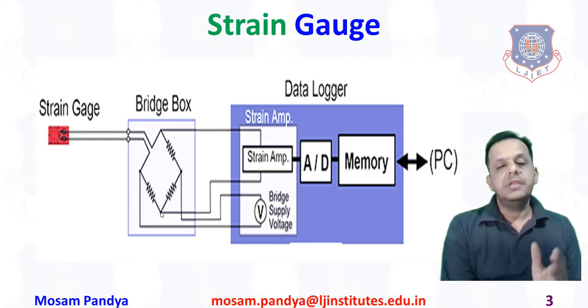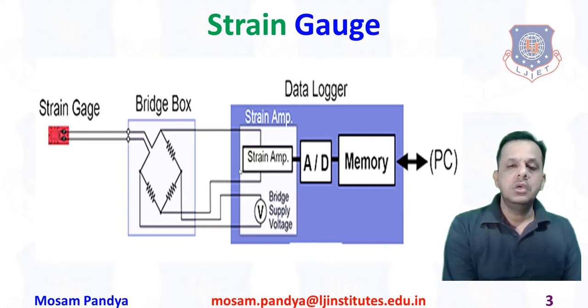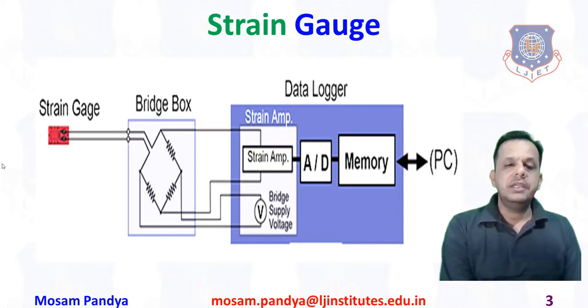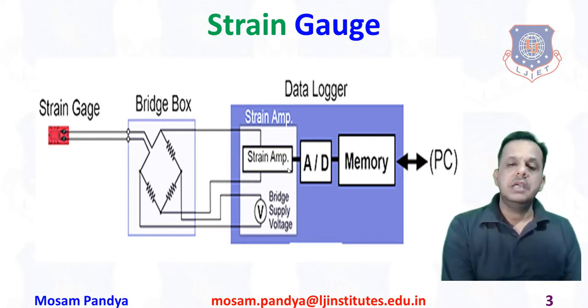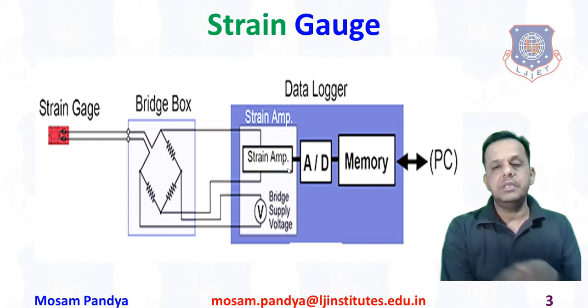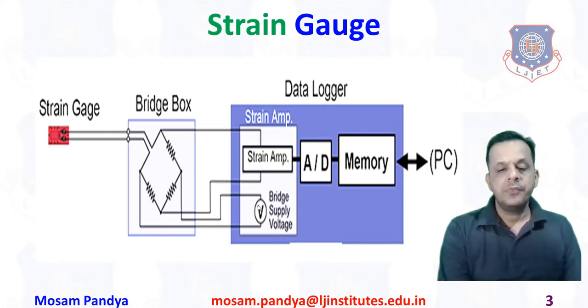It means when the strain gauge is connected and no stress is applied, no strain measurement is there, the reading is zero, and hence it is a preloaded balance condition. As and when the load is applied, that will unbalance the bridge, and that output will be sensed by the bridge, followed by amplification, analog to digital converter and memory. So this is the entire ideal system where a strain gauge is to be used.